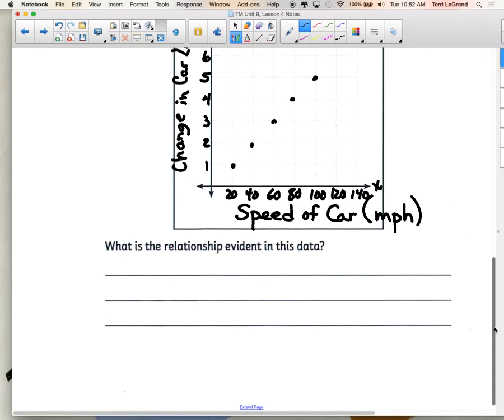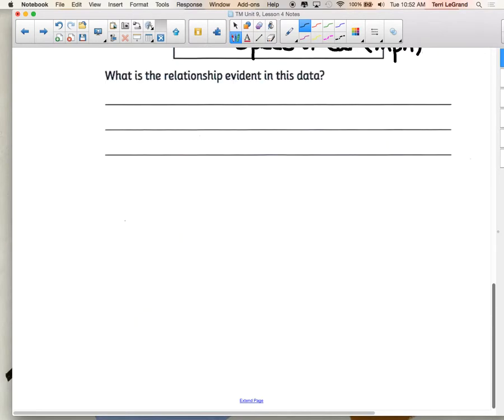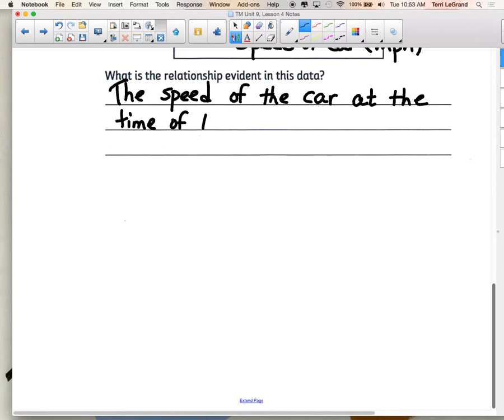Okay, well, I'll start it for you, then you'll try and finish it for me. Speed of the car at the time of the crash.